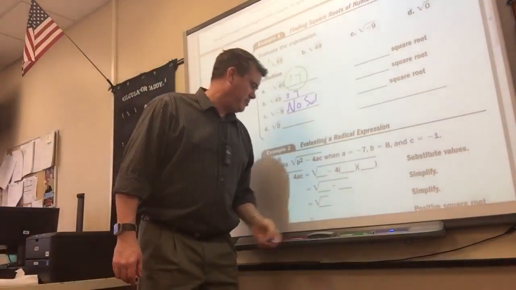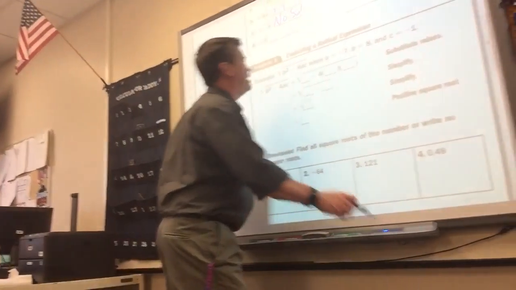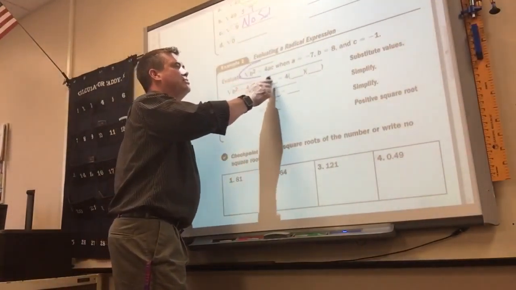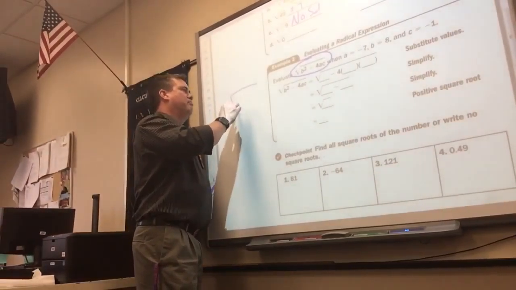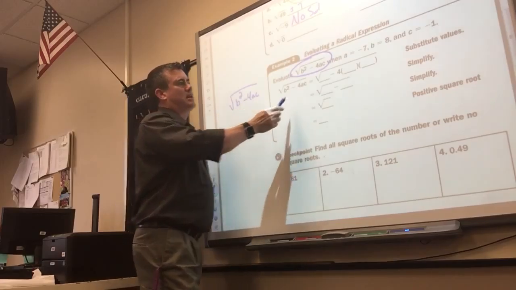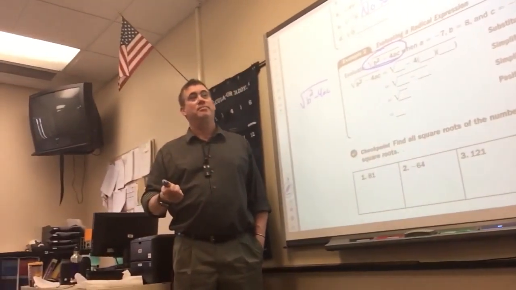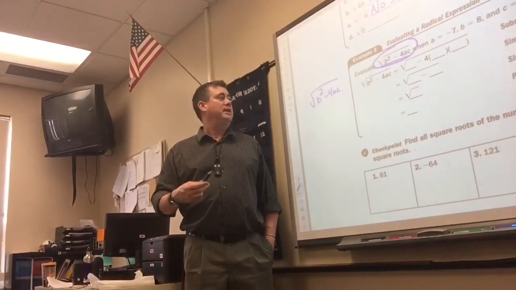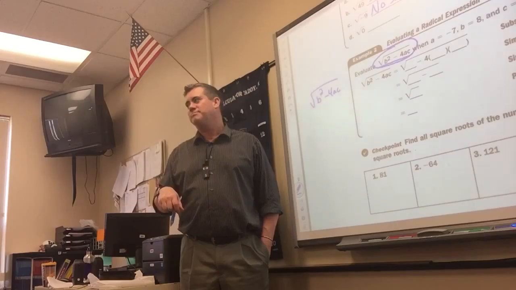Now we're getting to the kind of the beginning of the quadratic formula for you. Square root of b squared minus 4ac. The reason why they give you this expression is because it's part of the quadratic formula, which you need to use to solve quadratic equations.